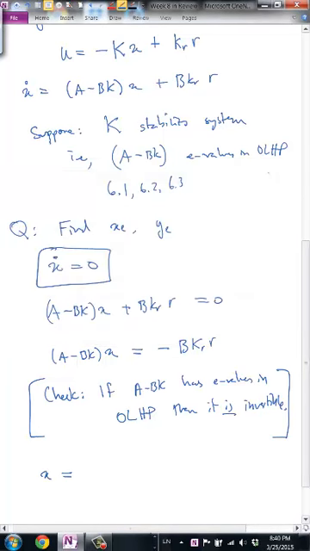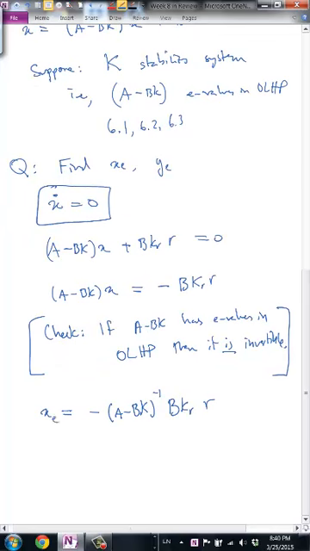We multiply from the left by (A minus BK) inverse, carrying the minus sign through, times B k_r r. This is the equilibrium value of x. Therefore the equilibrium value of y is just C times that, or minus C (A minus BK) inverse B k_r r.